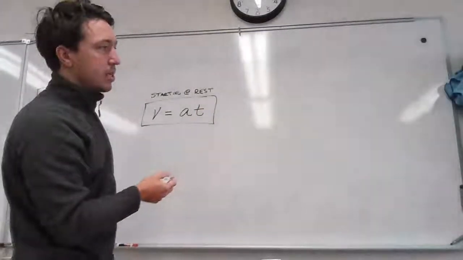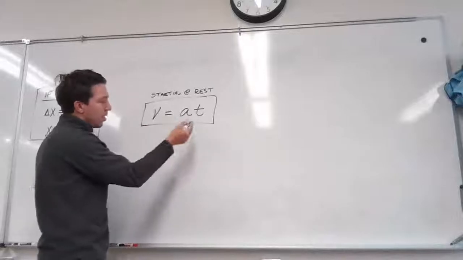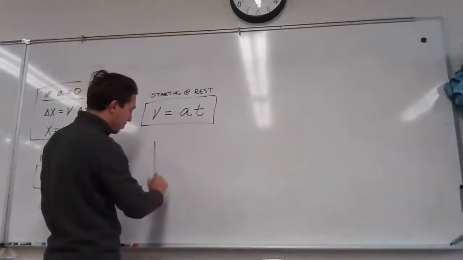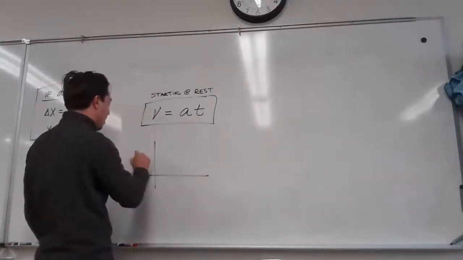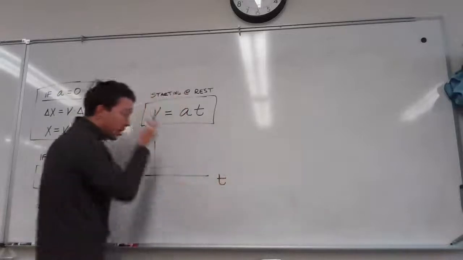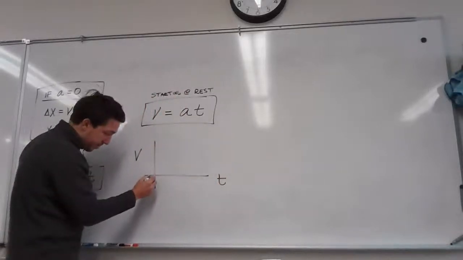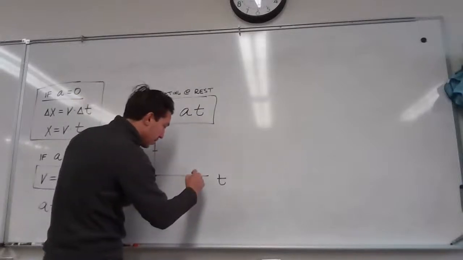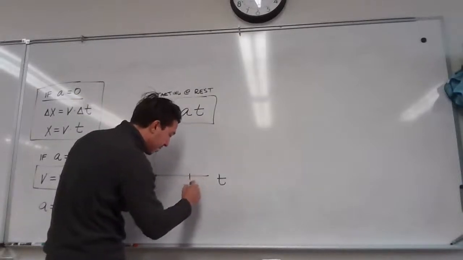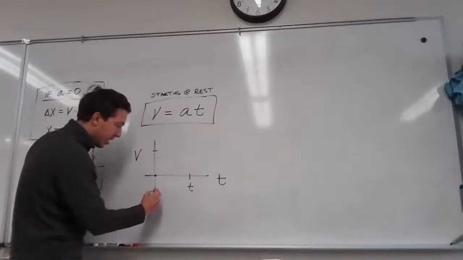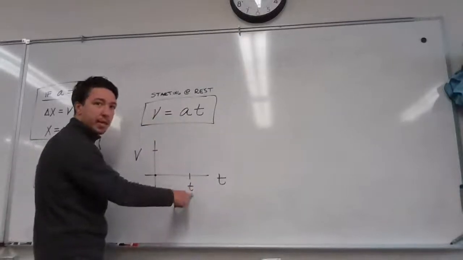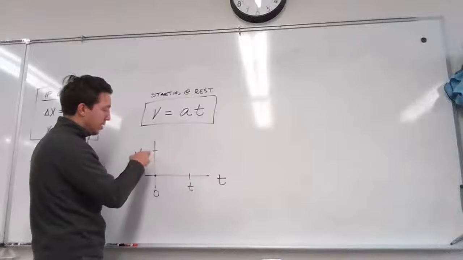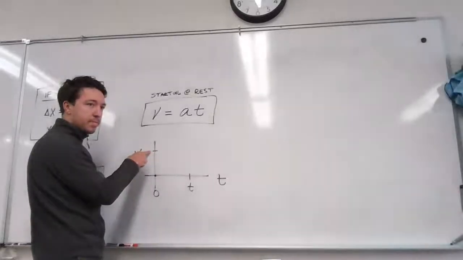Now, let's look at the distance traveled. Well, what if I graphed the velocity versus time graph? What's my velocity starting at? 0. And then after some time t, between time 0 and some general time t, what's my final velocity going to be?